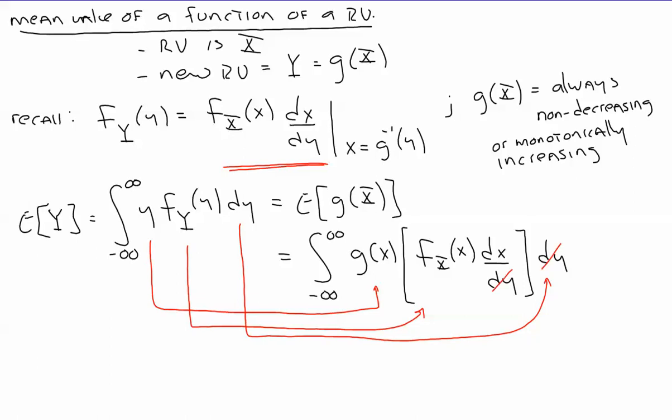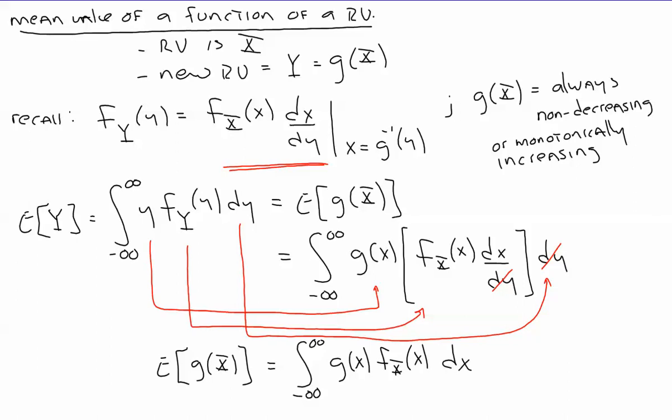So what I end up with is the expected value of a function of x equals the integral from minus infinity to infinity of g of x times f sub x of x dx. Right? That's my general result. We'll write that down again in just a second. Let's do that a little bit better on the next page.